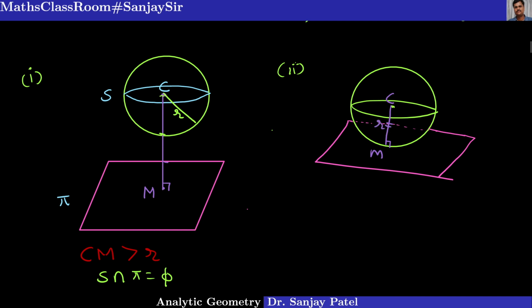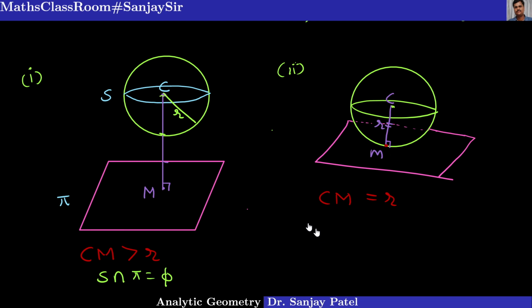So in this case, we have CM is equal to R. So the plane is just touching the sphere. So the intersection is only this one point, which is M.